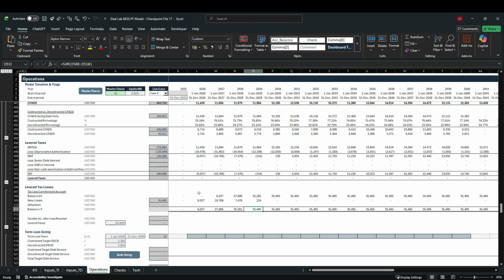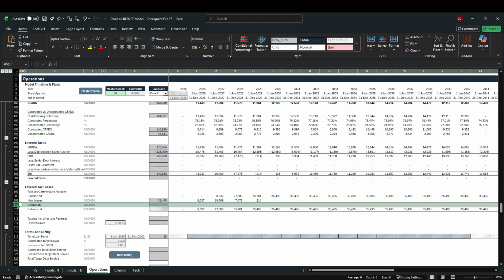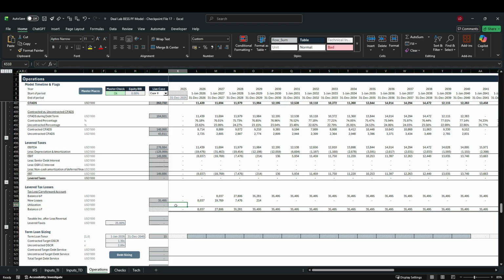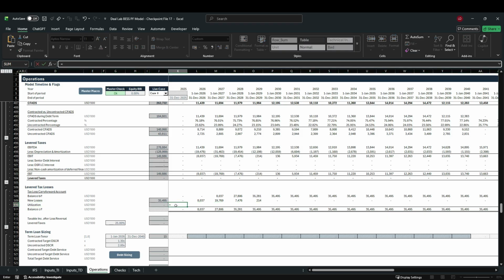And what's missing is our actual utilization in row 510. So for the utilization, we have an if statement again. If 503, our taxable income, is greater than 0, so we actually do have a positive taxable income, then in that case, we want a reversal of any tax losses that we have carried forward.